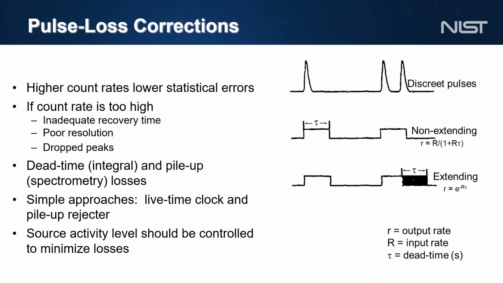In principle, higher count rates reduce statistical errors, but problems arise when the count rate is too high for the instrument. This can lead to inadequate time for the instrument to recover before the next event, poor resolution from overlapping peaks, or peaks that are dropped completely.